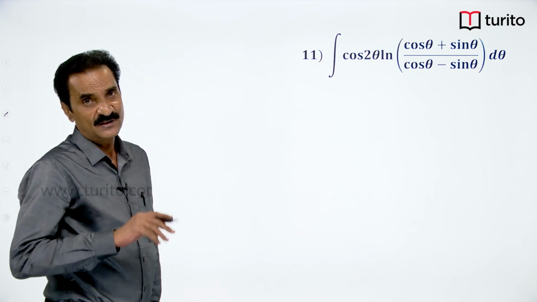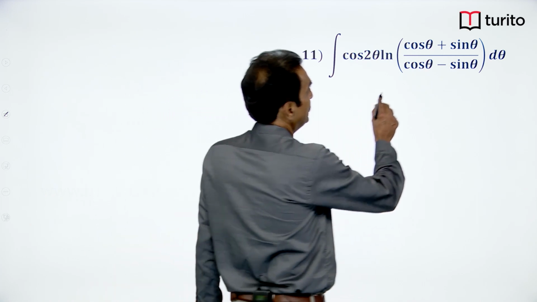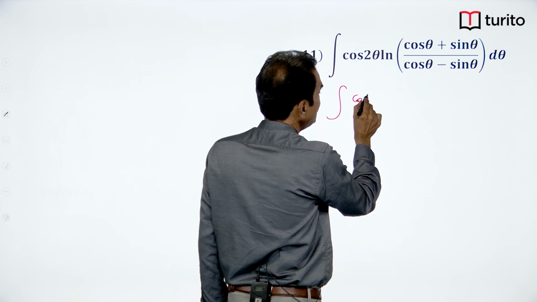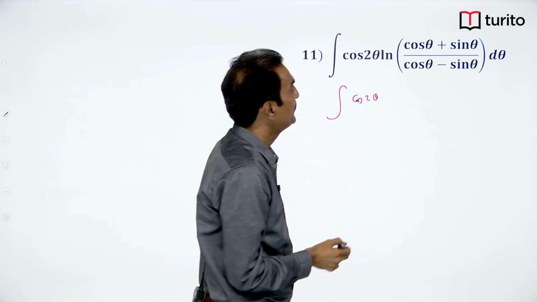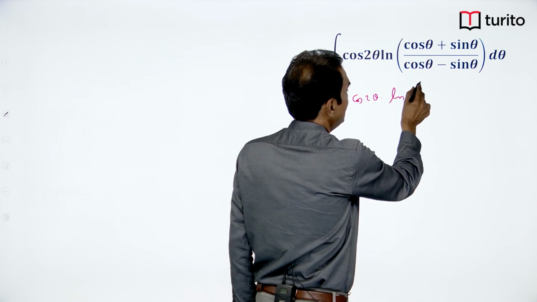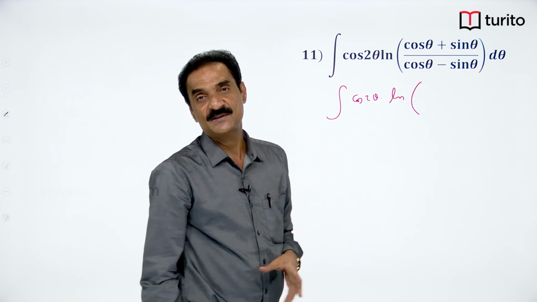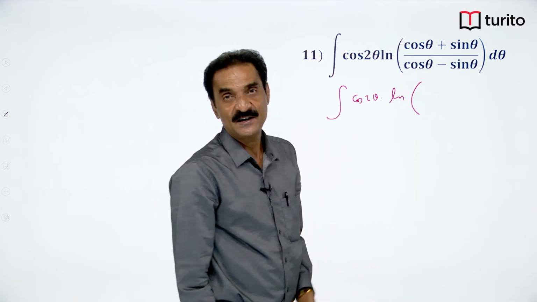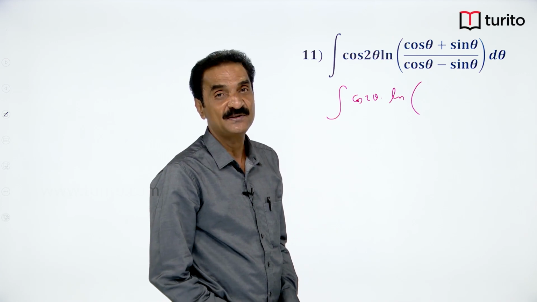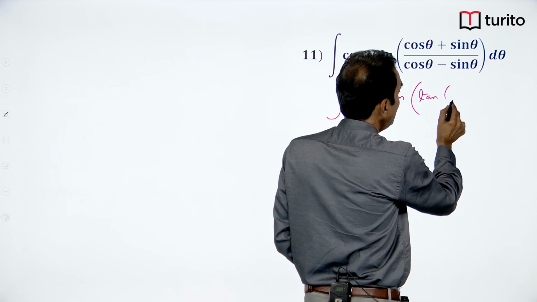And one more question, I will explain the procedure, you try. Here cos 2 theta into, you can write this as 1 plus tan theta by 1 minus tan theta, dividing numerator and denominator by cos theta, you will get 1 plus tan theta by 1 minus tan theta, which is tan pi by 4 plus theta.